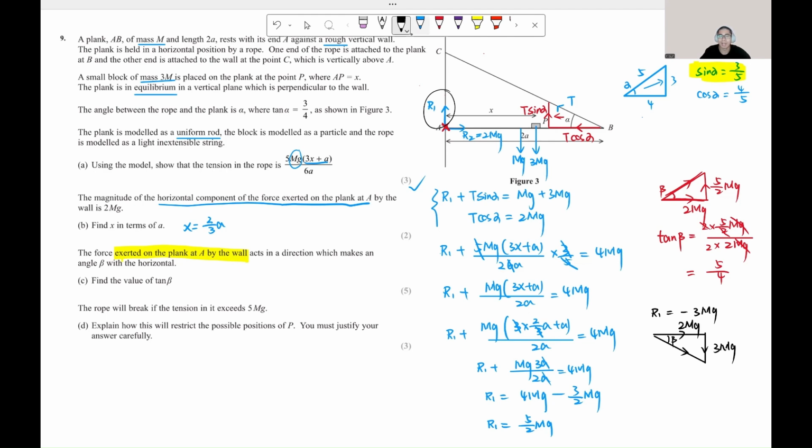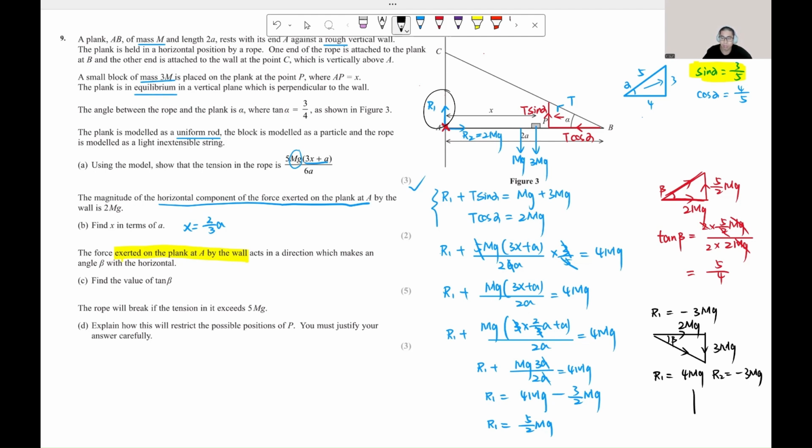So R1 and R2 could be in any direction. It's not necessary that R1 has to be positive and R2 has to be positive. It could be both positive or negative. So if eventually you have R1 equal to, let's say, positive 4 mg, and R2 equal to negative 3 mg, then how you sketch this, it should look like this.